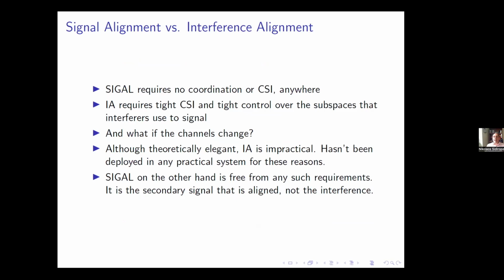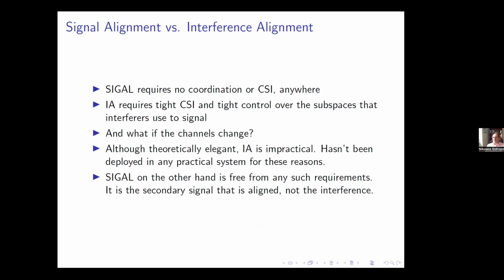In interference alignment, what you're trying to do is to somehow instruct your interferers to contain themselves in a subspace of the full space, which will give you, the secondary communicator, room for interference-free communication. So there will be an orthogonal subspace to the interference subspace where your transmitter can signal.